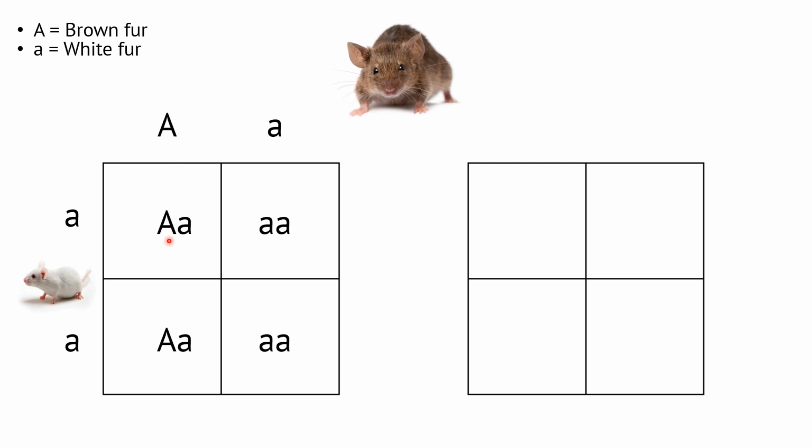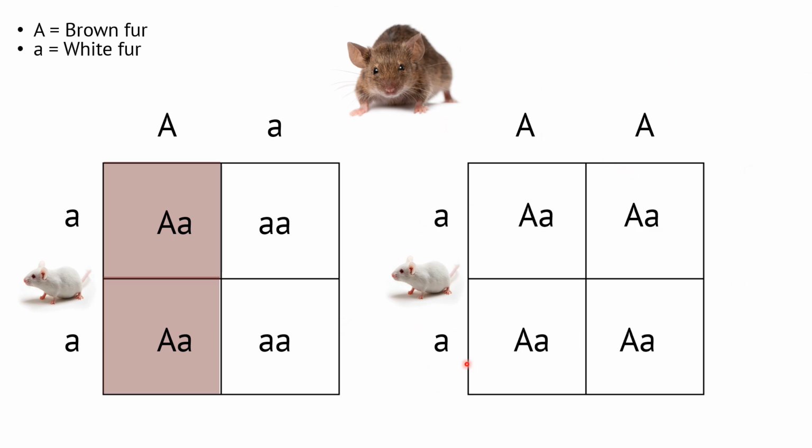So capital A from the father, lowercase a from the mother, and so on. If it's heterozygous, there is a chance that we will have at least one offspring that comes out homozygous recessive as well.